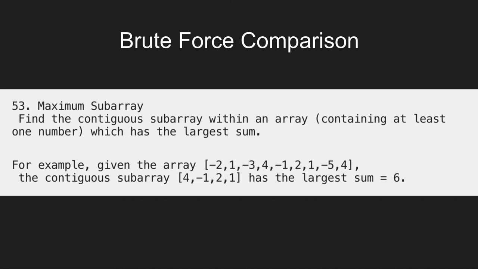So that's the condition for which we want to shift our window. And that would give us a linear runtime, as opposed to the O of n cubed runtime that we would have from our brute force solution.